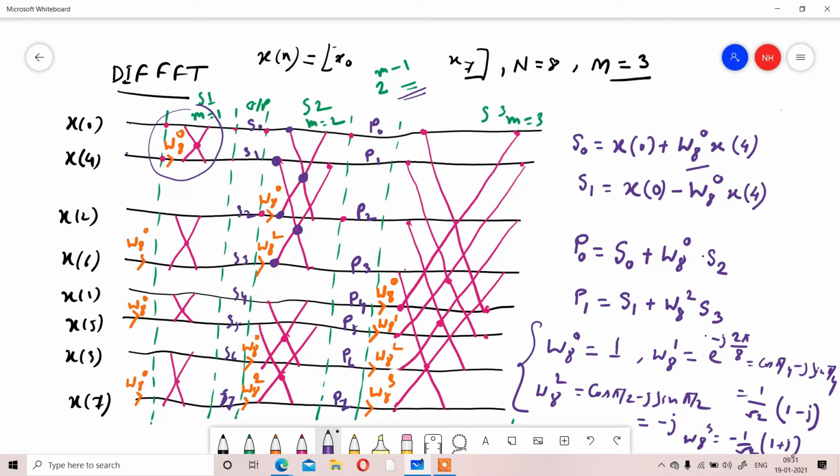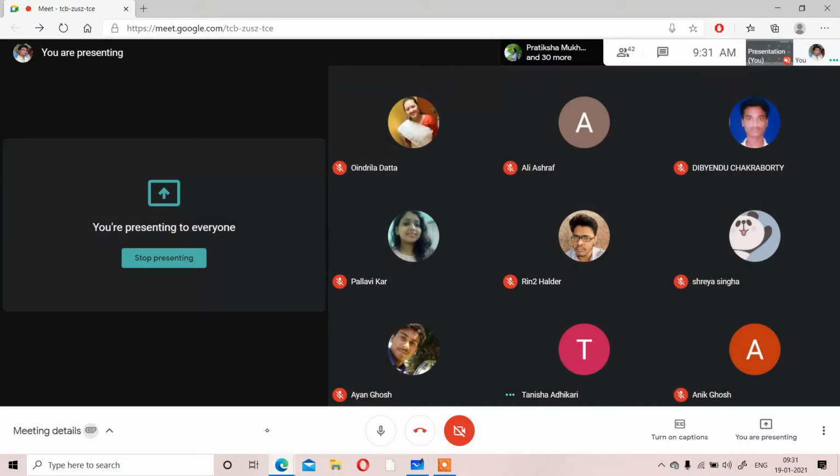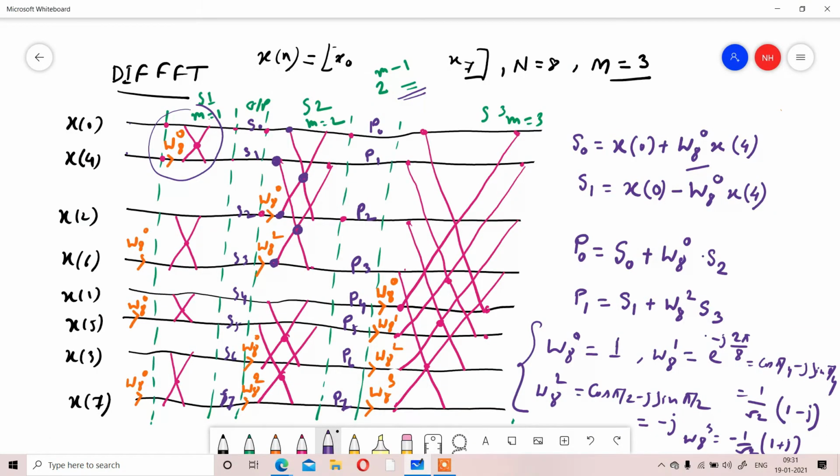So clear or not, how to solve the values, how to calculate the DFT? W83 you will get minus 1 by root 2 times 1 plus j.